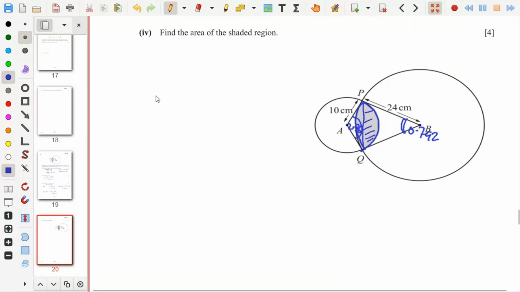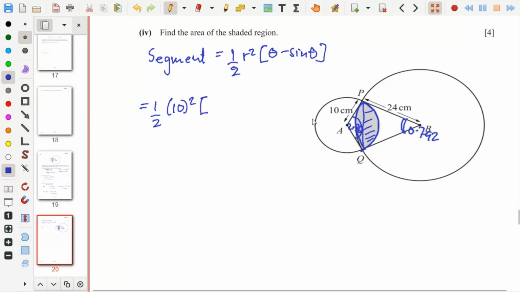Let me take the big segment first. The formula of a segment is given by half r squared into bracket theta minus sine theta. So now let me calculate the big one first. This one. So that's going to be half. What is my r? My radius. My radius is 10. My angle is 2.35.